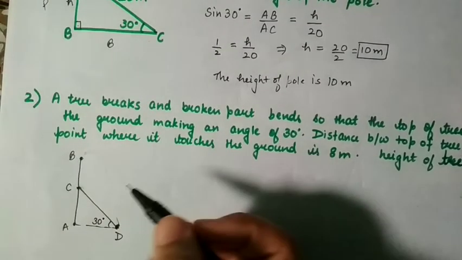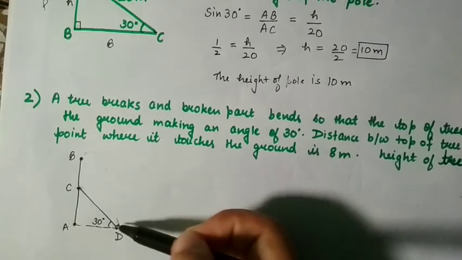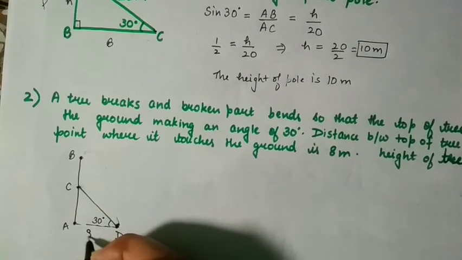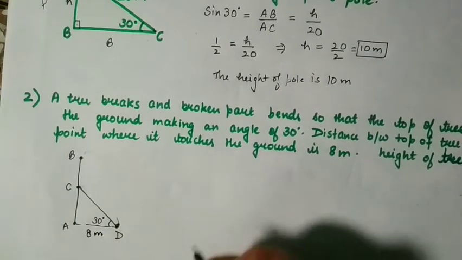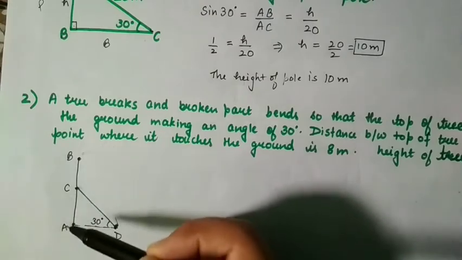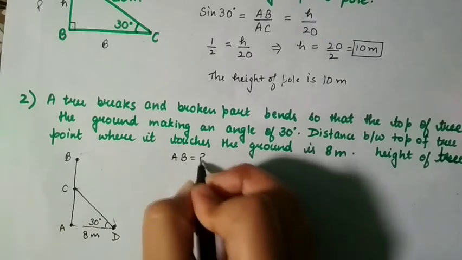It is given to us. Now the distance between the foot of the tree, that is A, and the point where the top touches the ground is given to be 8 meter. It means AD is given to be 8 meter. Now we have to find the height of the tree. It means we have to find AB. So AB is the required length.